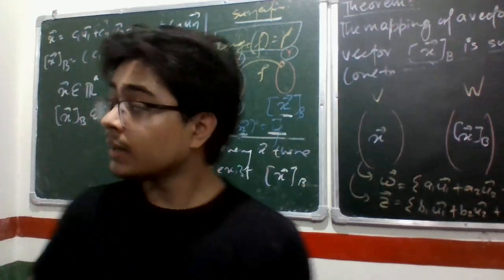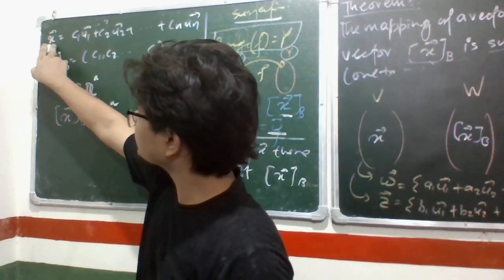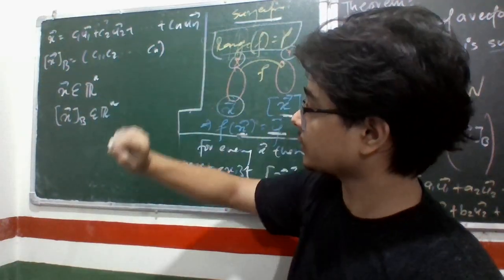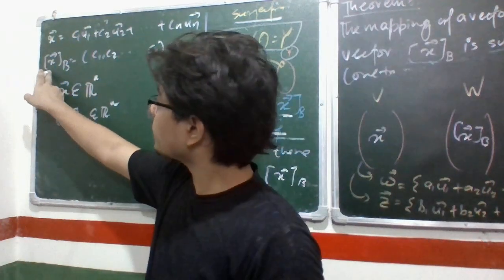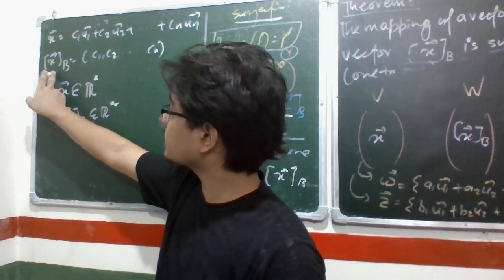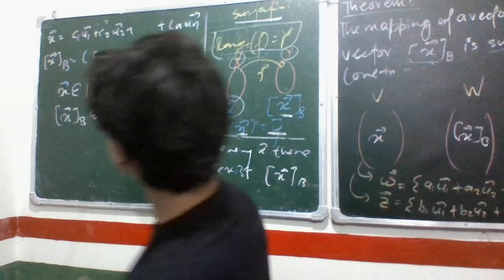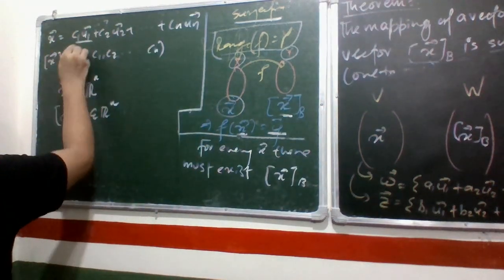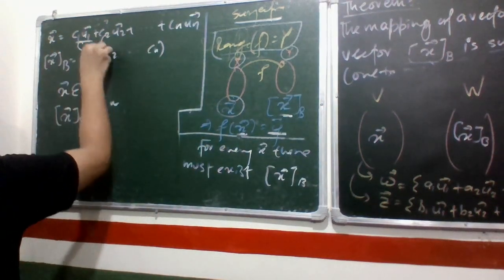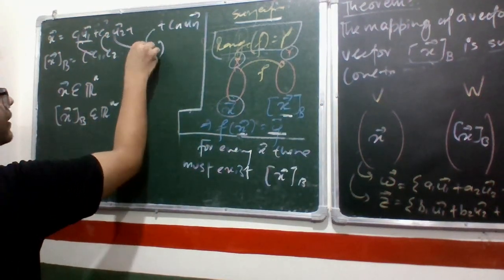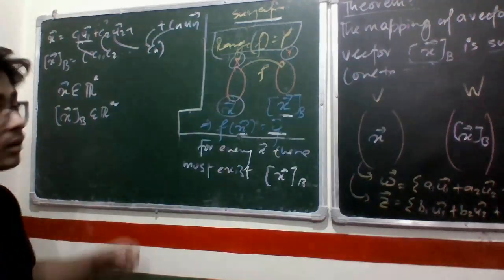So we have the x vector as this linear combination, and the coordinate vector of x to be this tuple. That means for each value of it, there exists a corresponding element of the tuple.